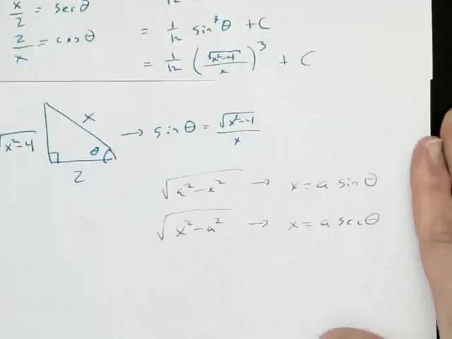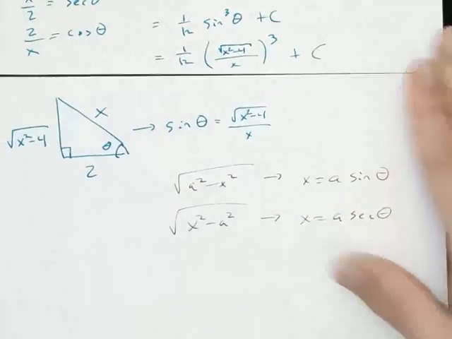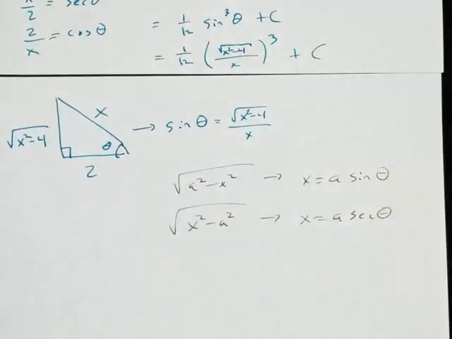In both of these cases, I am subtracting. It's just which order I'm subtracting that tells me which way I should use sine or secant. And for the record, it took me forever to find that little memorization trick.